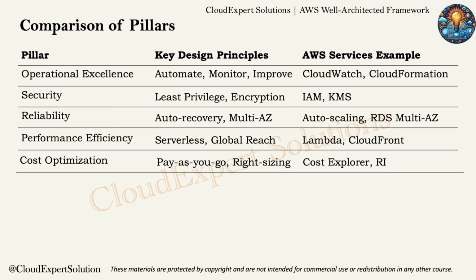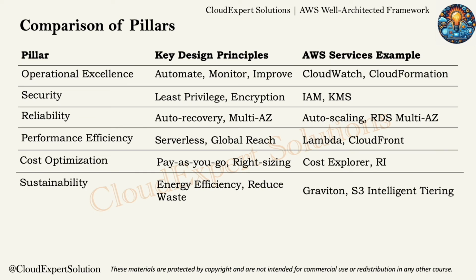You can use reserved instances and Savings Plans to optimize your compute cost. And last but not least, sustainability, where the design principles are energy efficiency and reduce waste. You can use AWS Graviton processors and S3 Intelligent-Tiering, where you do not know the object access pattern. Intelligent-Tiering can place those objects based on their access patterns.